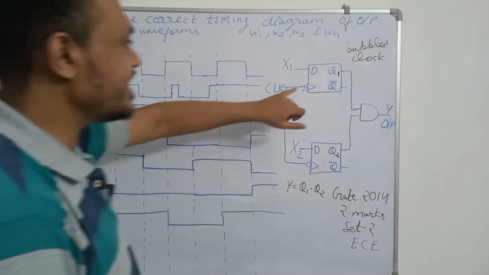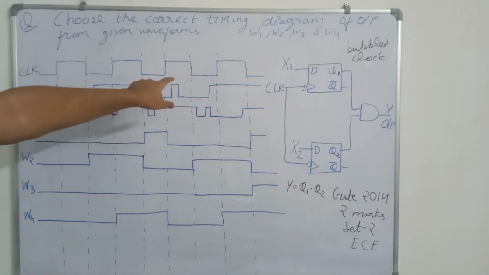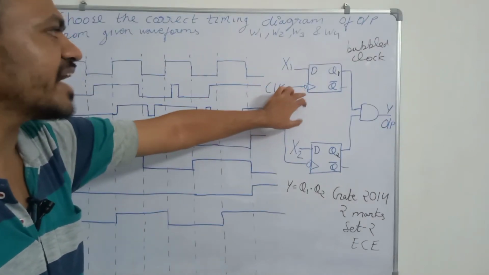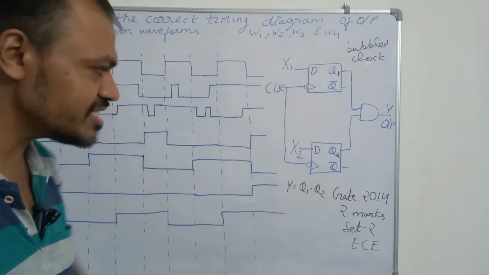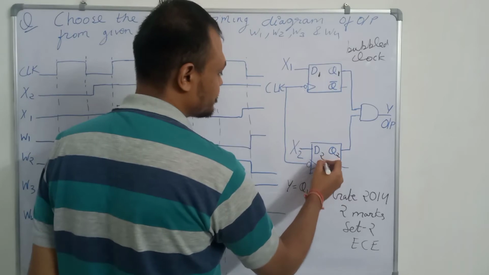Also we know that in the D flip-flop the input gets transferred to the output on the application of the clock edge. So Q1 will be equal to D1, and let's rename this as D2.